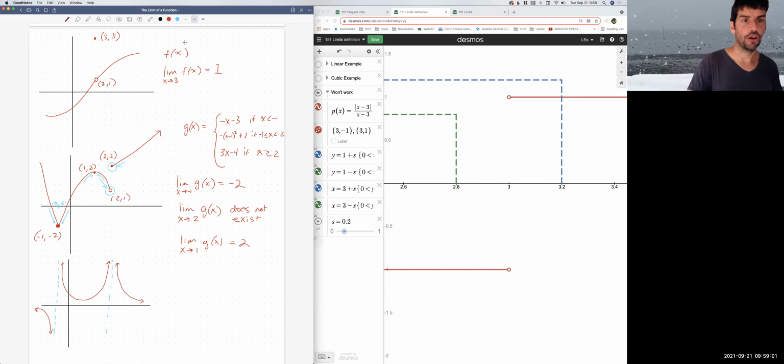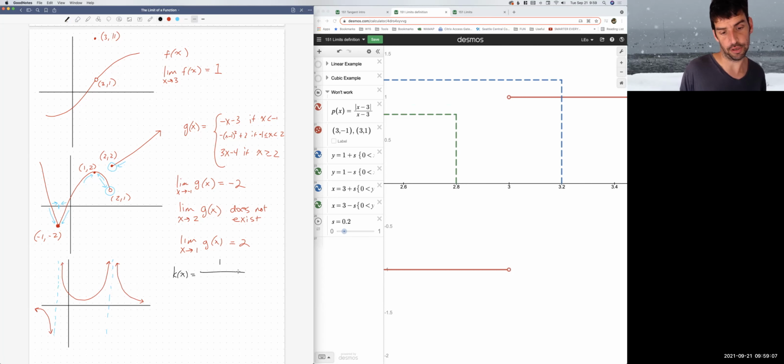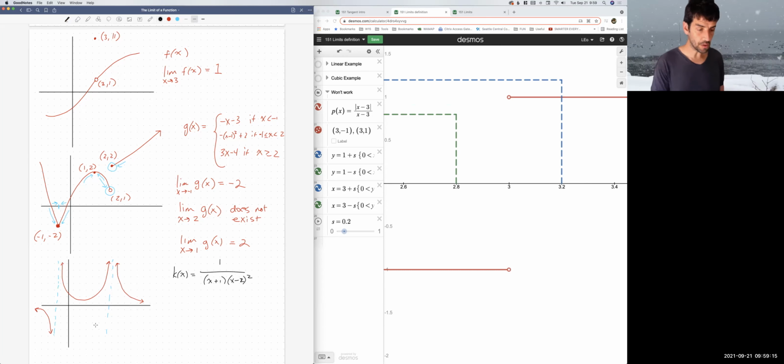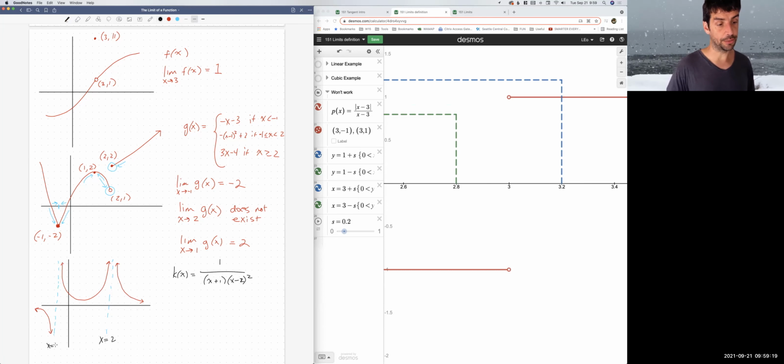I think in this case, this was the function k of x is equal to 1 over (x plus 1)(x minus 1)(x minus 2) squared. So here we have an asymptote at x equals 2 and x equals negative 1.